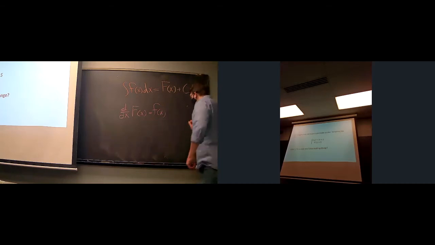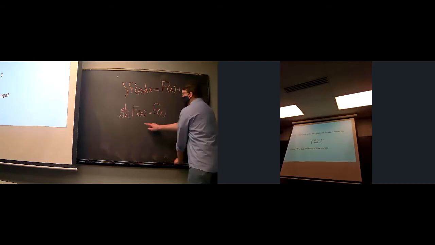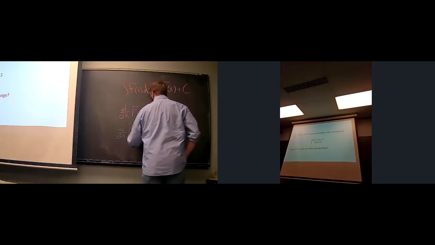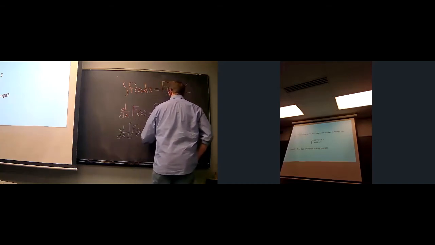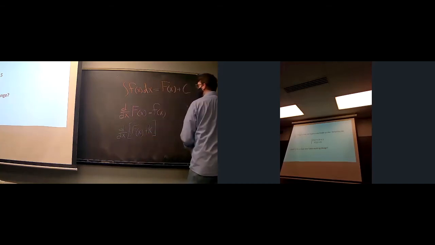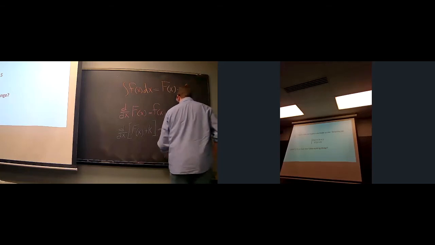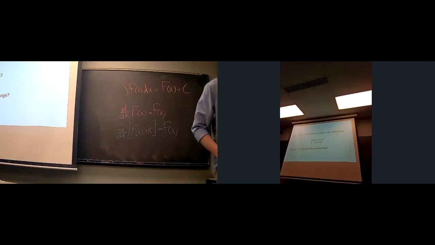And in fact, if we took this one step further and changed our function a little bit, and we shifted it up or down by adding or subtracting some constant, it still comes out to be the exact same derivative. And this is why you have to have the c. Make sense?